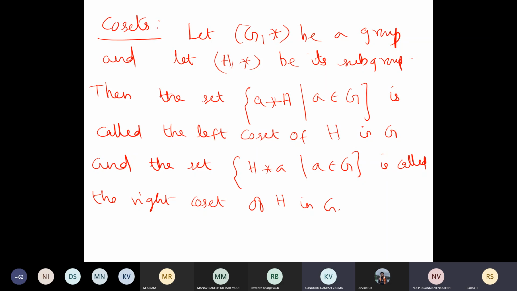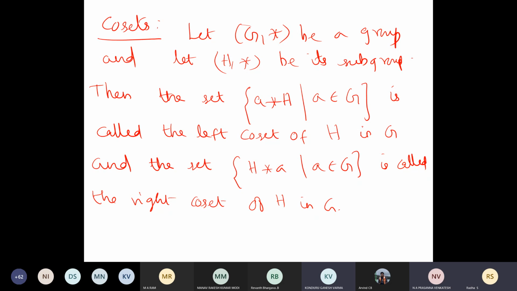See, you already have a predefined group G, and you also have a subgroup H for that. Now I'm taking that H and I'm going to operate every element of G with this binary operation, either on the left side or the right side.